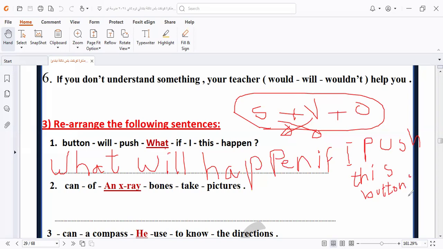I put the question mark and take the button. I will answer two sentences and leave the rest to do as homework.